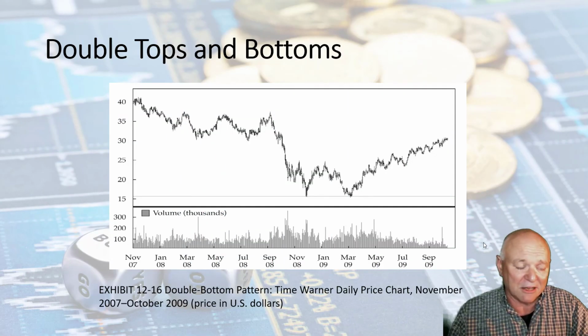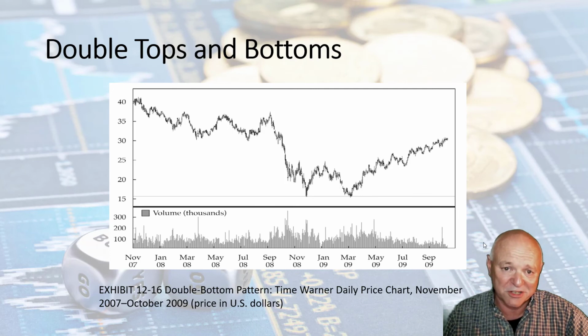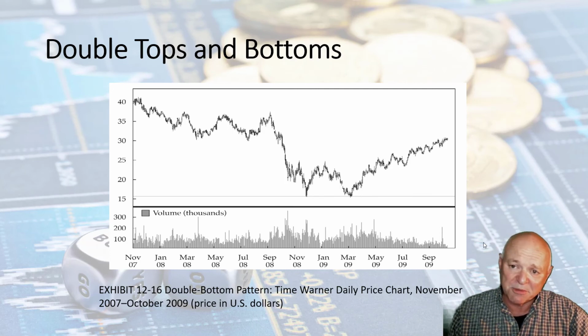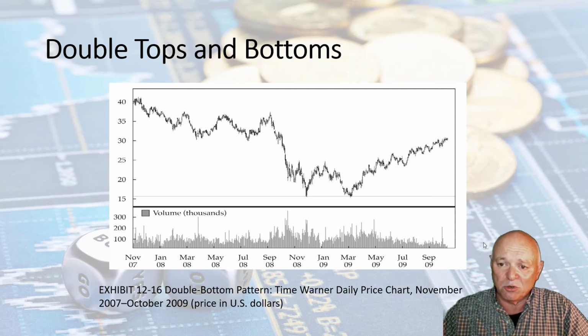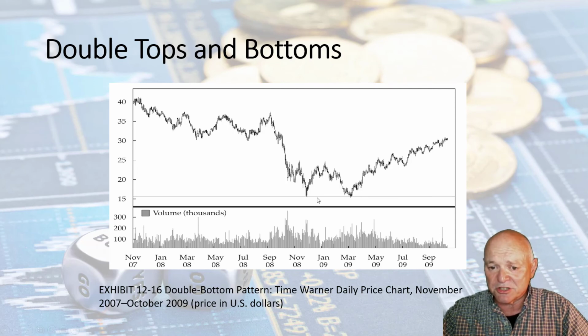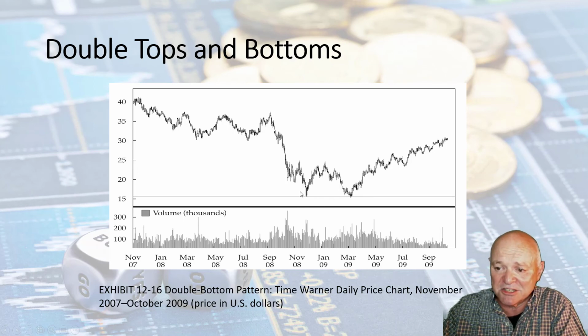Similarly, and again, I don't understand all of the things that go into all of these structures, but somebody who's particularly looking for double tops and bottoms would say that, look, here we have two touches on our support line, and that indicates a double bottom, and that's going to suggest that there is a change in direction.